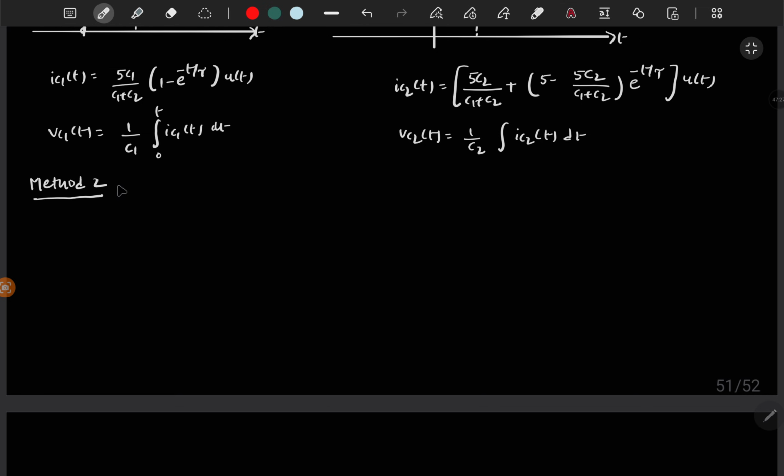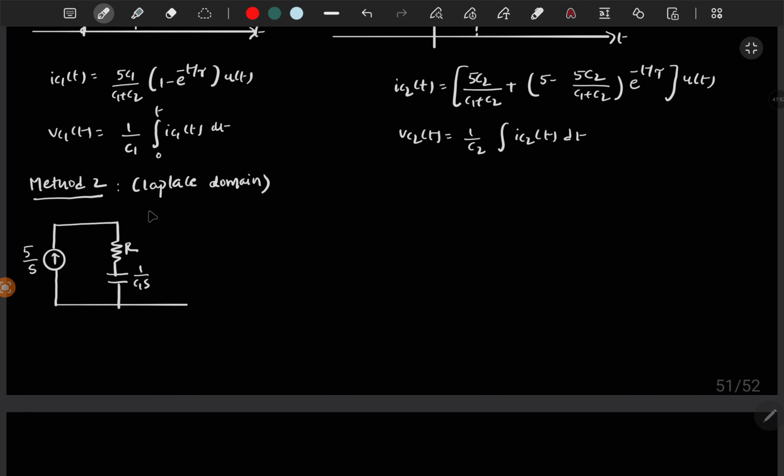So this is method 2, Laplace domain. Phi u of t is converted into phi by s, and R is R, and C1 is 1 by C1s, the impedance, and the impedance of C2 is 1 by C2s.